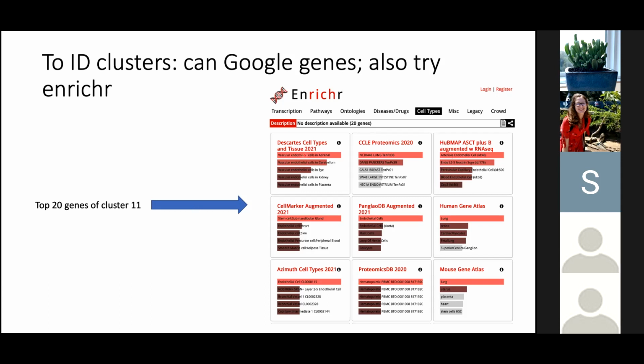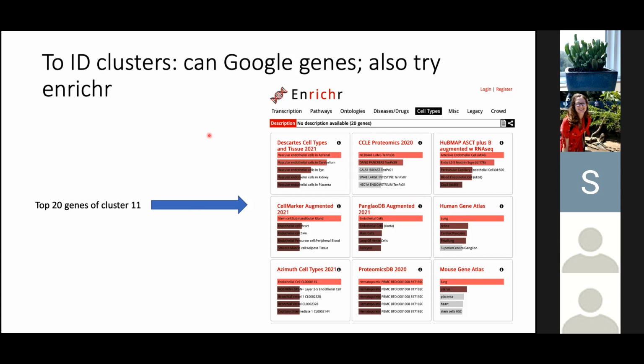It's like vascular endothelial cells in adrenal. This is lung. More lung. Remember, this is skin data. No lungs here. So quite frankly, I would almost recommend just Googling each gene, okay?